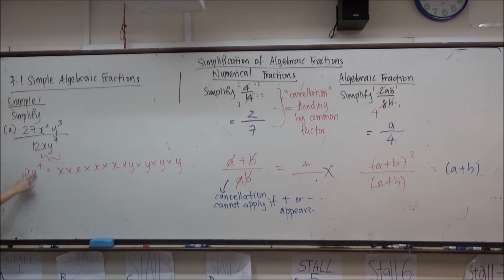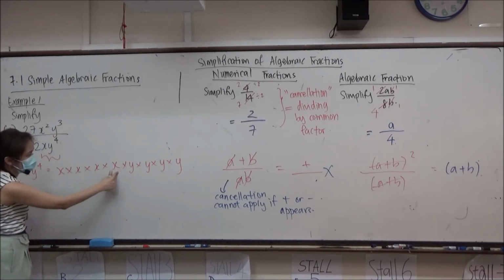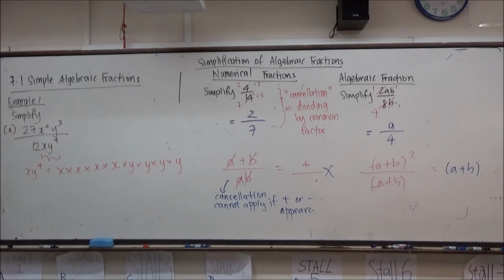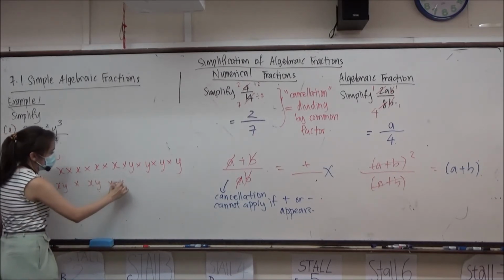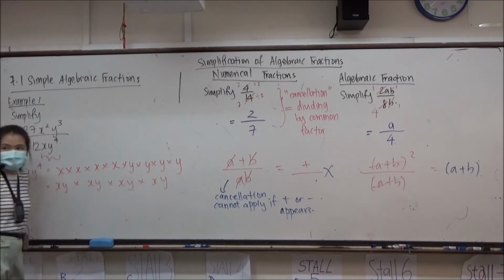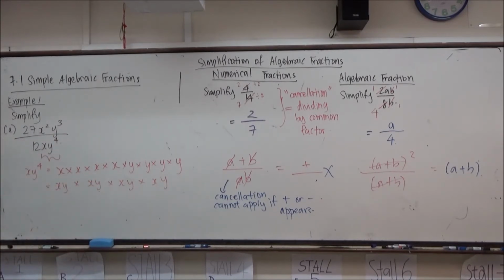So if I have xy to the power of 4, is it x times x times x times x times y times y times y times y? You think it's xy times xy times xy times xy? Is it just y? X times 4y? You understand what my question is? Okay. So my question is, what exactly does xy to the power of 4 mean?